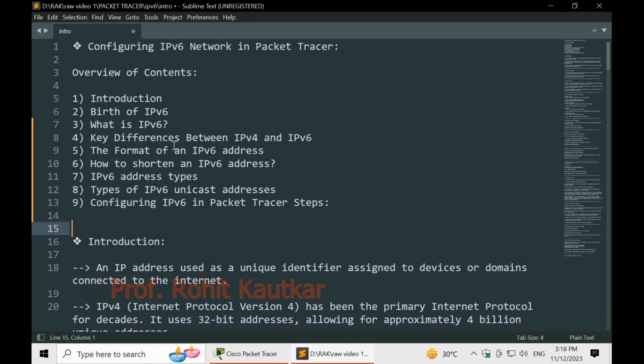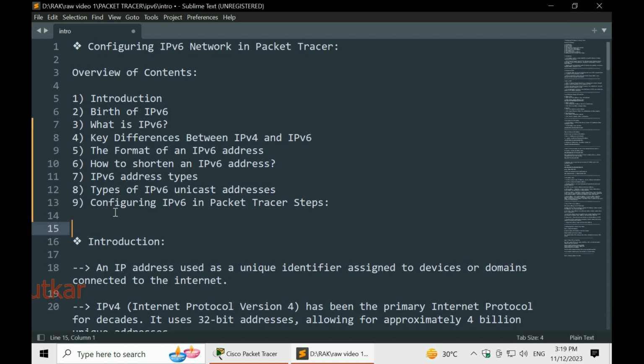There is a protocol called Internet Protocol, that is IP, which is responsible for assigning IP addresses to a machine. There are popularly two versions of this IP: one is IP version 4 and one is IP version 6.